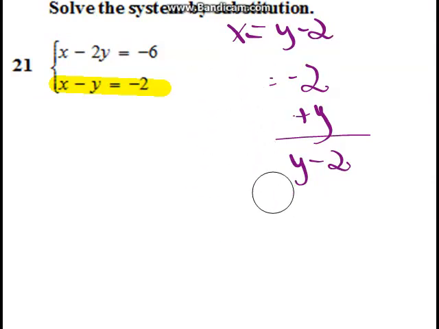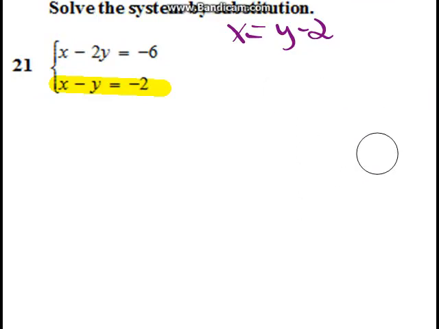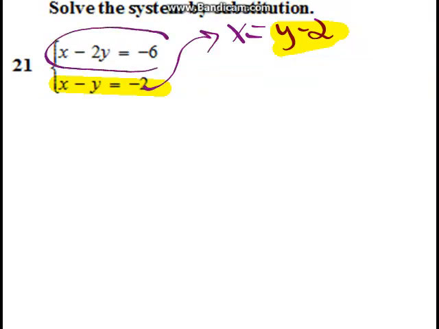Every time in the other equation that I see an x, I'm going to substitute what x is equal to, y minus 2. So that's that equation. Now let's work with this equation. This is what we're going to substitute into.